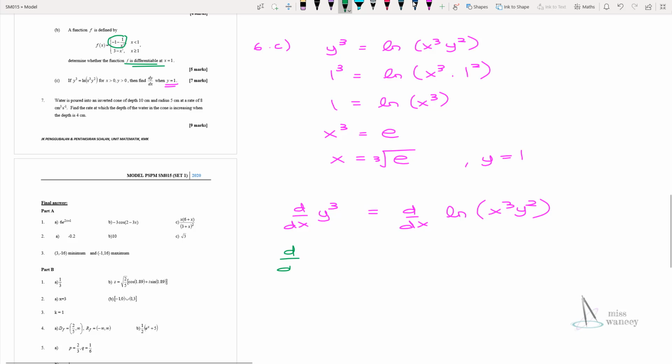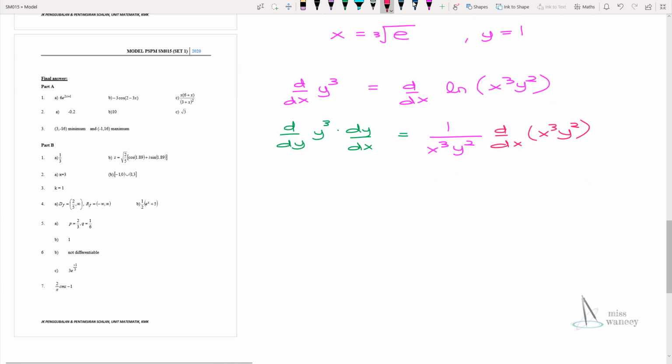So d over dy of y cube times dy over dx equal to, so over here we got a ln, so we're going to differentiate that first. So the derivative of ln will be 1 over x cube y square, and then of course we need to differentiate d over dx of x cube y square. Okay, so let me differentiate one by one then.